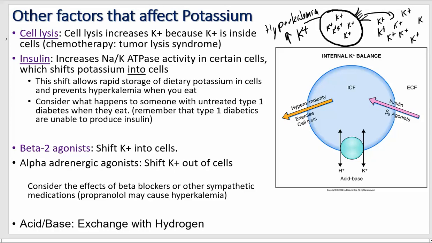Insulin, now insulin is kind of an important one too, functionally and medically. Insulin increases the sodium potassium ATPase activity in certain cells. So let's think about what happens when you eat those bananas. You eat 20 bananas, and even though they aren't the highest in potassium, we associate bananas with potassium, and they do have a lot of it. So you're eating 20 of them for whatever reason, maybe it's all you have in the house.